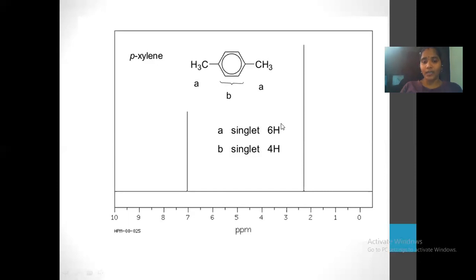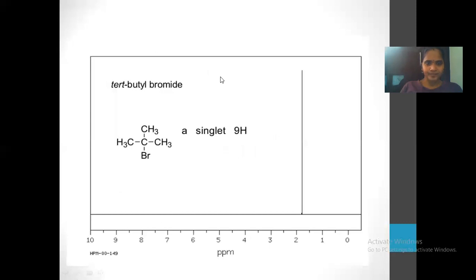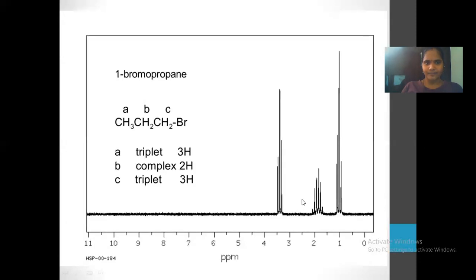So you will get 2 peaks for paraxylene. One must understand what its environment is and then how many peaks it can give. Here I have 9 hydrogens, and all 9 have the same environment in tertiary butyl bromide. So we will get again one peak itself.